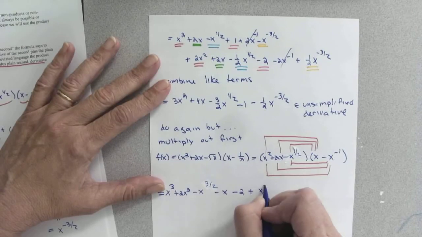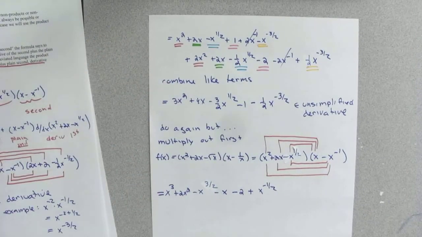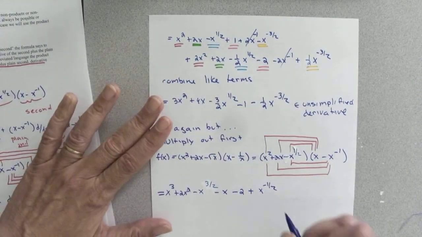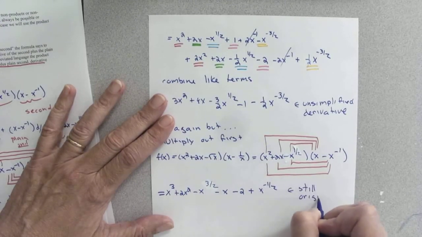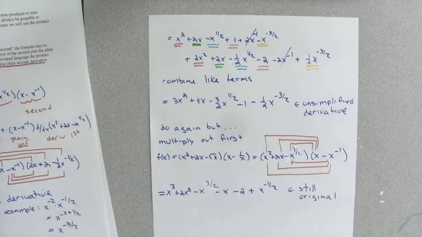Add the exponents, x to the negative 1/2. And that is still my original, but it's in a more calculus-friendly format, and let me check it real quick. X cubed, 2x squared, x to the 3/2 negative, negative x, negative 2. Okay, I believe that's right.